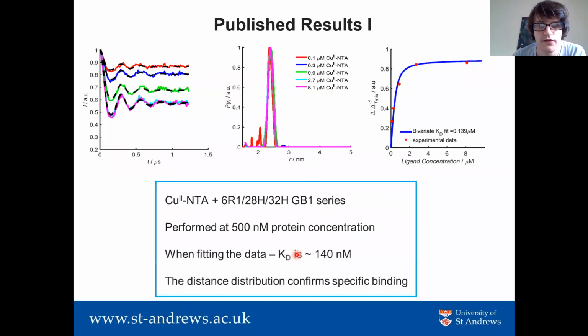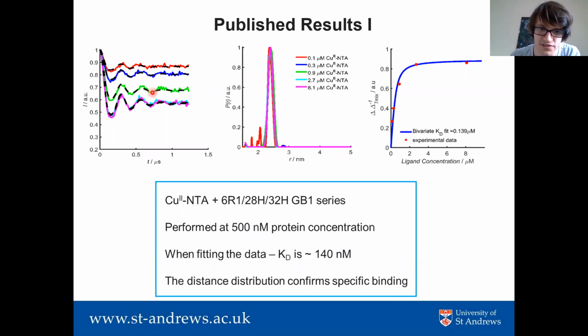So just to now direct your attention to the experimental RIDME pseudo-titration series, we performed several of these, but I only show one here. This is significant for a couple of reasons. This is the alpha helical double histidine motif measured in presence of copper NTA. Each of these measurements was acquired overnight and performed at 500 nanomolar protein concentration.